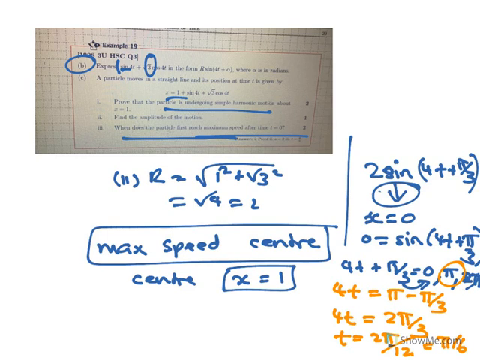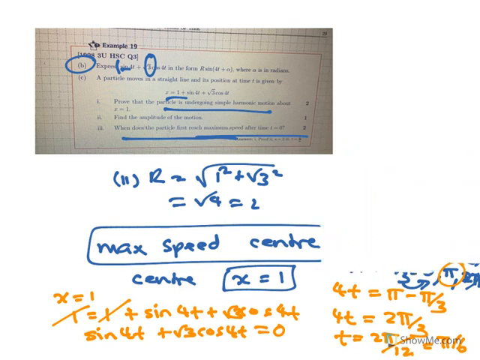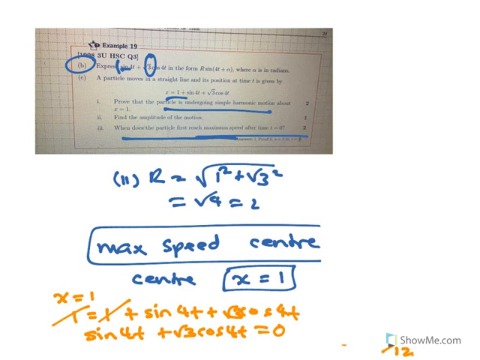If you did use the other one, that would be when x equals 1. So you go 1 equals 1 plus sine 4t plus root 3 cos 4t. And then there's 0. So sine 4t plus root 3 cos 4t equals 0, because the 1s go out. This is going to create a tan. So sine 4t equals minus root 3 cos 4t.